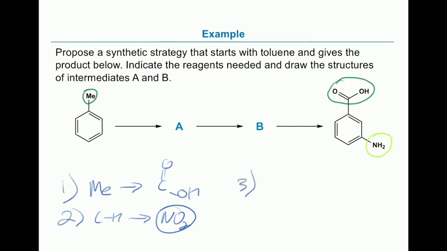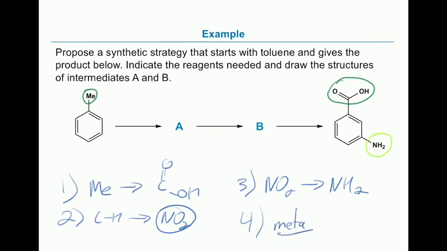Three, I'm going to probably take my nitro and turn it into an NH2. It's a reduction reaction I'm going to need to do. So obviously, I'm going to have to put the nitro on and then reduce it. 2 and then 3 has to be the sequence. And 4, what's the substitution pattern I'm aiming for? Meta. I need to get a meta selection.